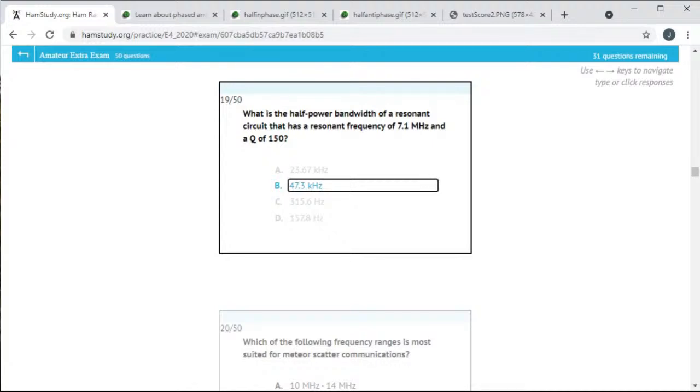Let's try this. I believe it is that. If you divide 7.1 megahertz by 150, you come up with 47.3. So that's why I'm going to go with that answer.